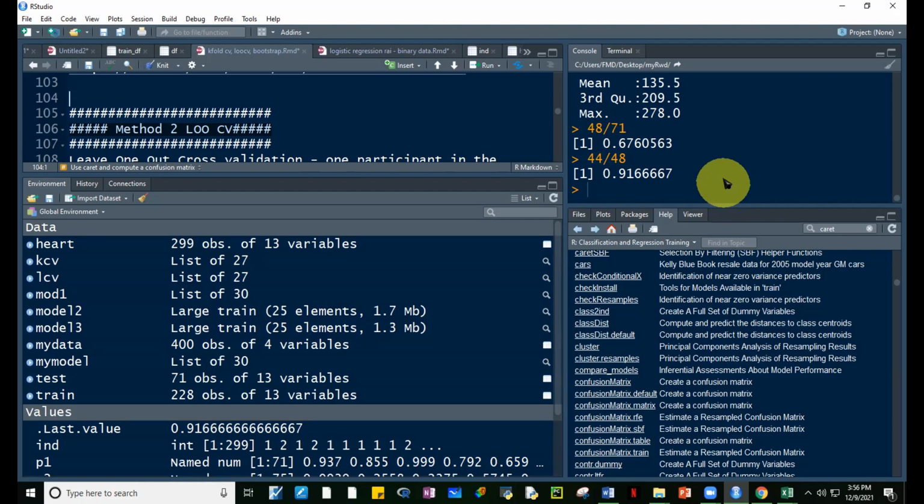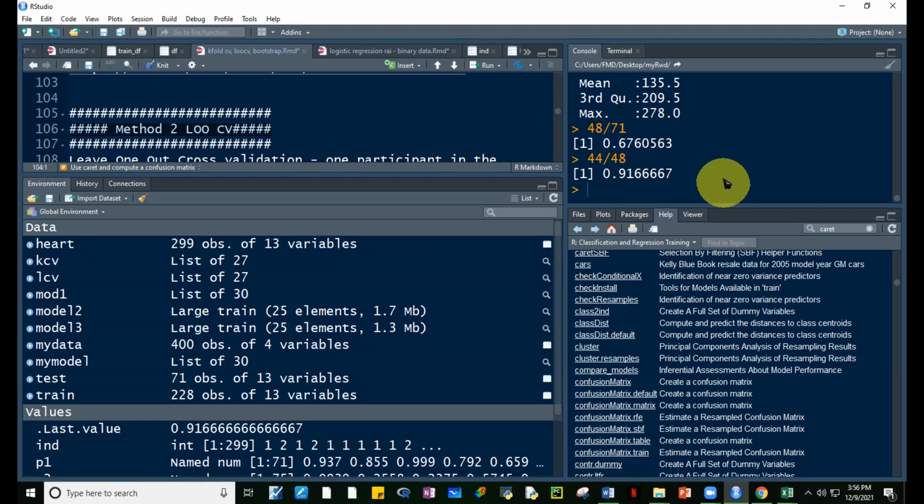Okay, and then next, si observation number 2 naman ang gagawing test data. The rest from observation number 1, number 3 hanggang 299, sila ngayon yung training data. Okay? So, ilang models ang magagawa? 298 models, no? Kasi lagi tayong magli-leave out ng isa. So there will be 298 models.